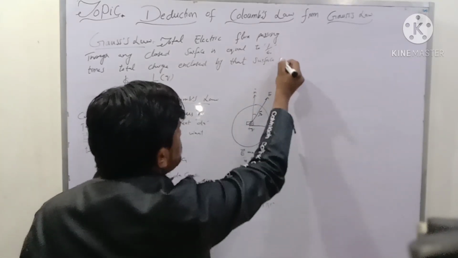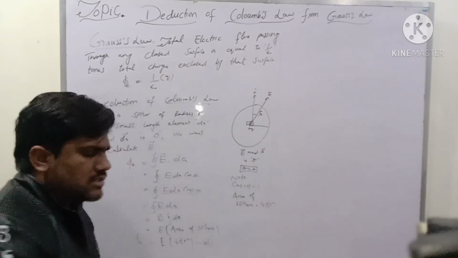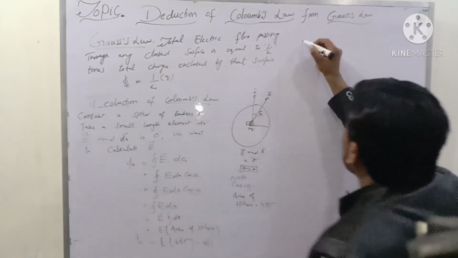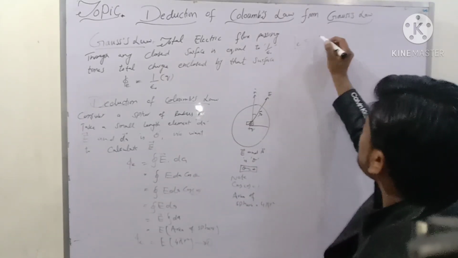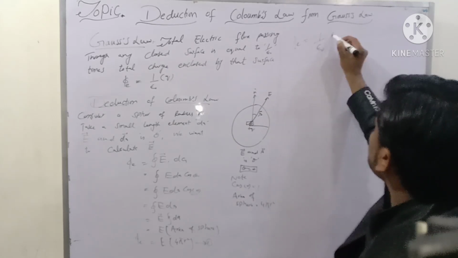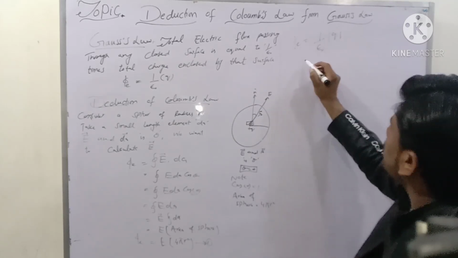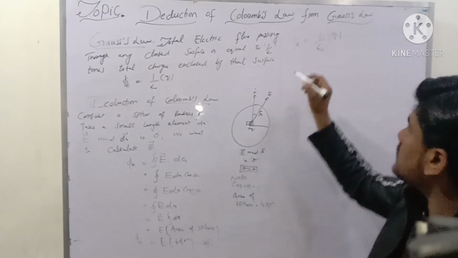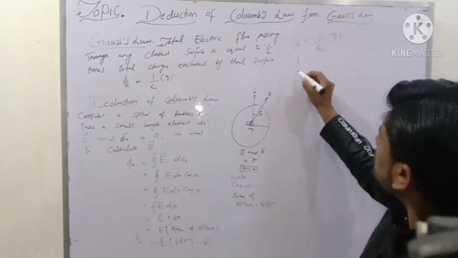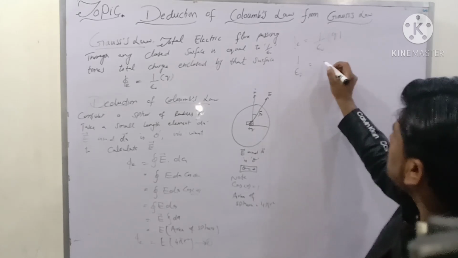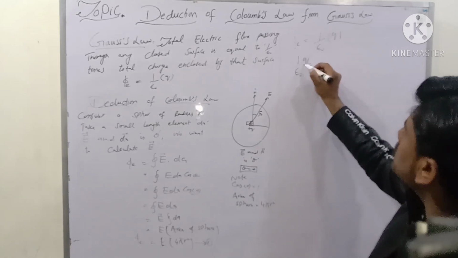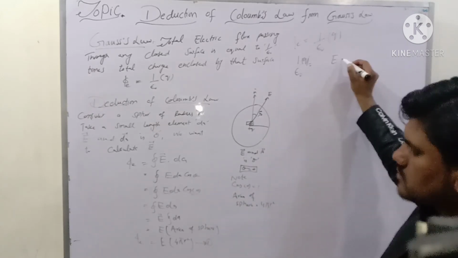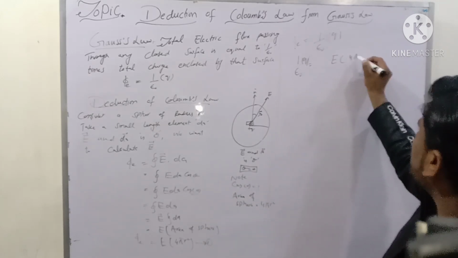Now by using Gauss's law, flux phi E is equal to 1 over epsilon naught into Q charge. Put this value in equation number 1. 1 over epsilon naught into Q is equal to E into 4 pi r square.